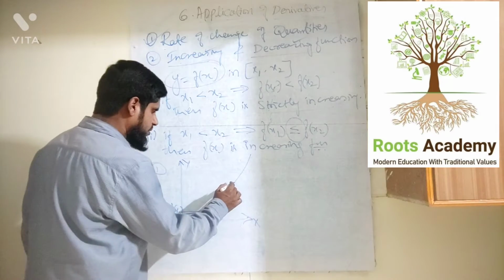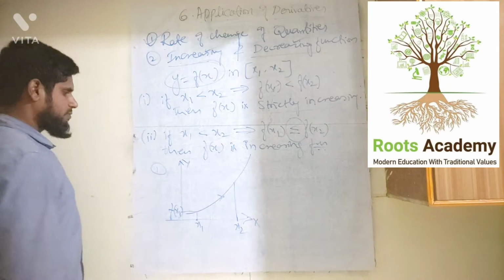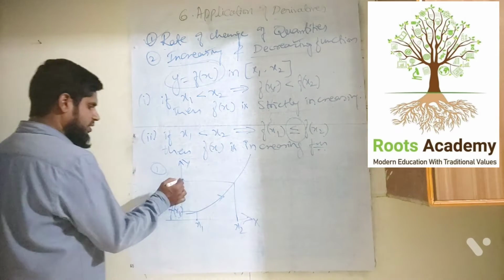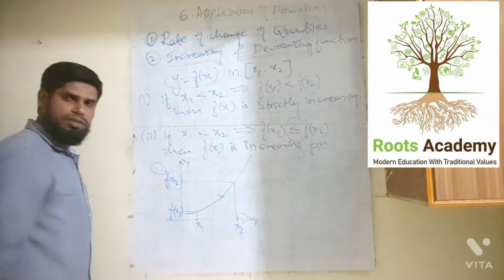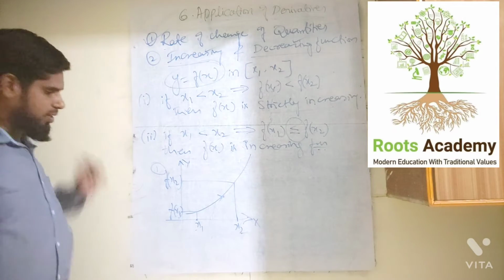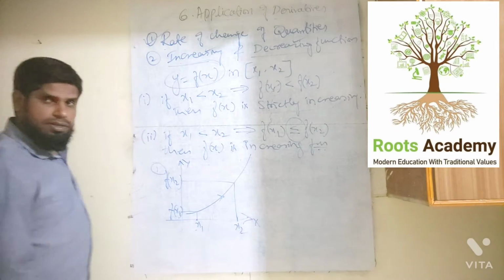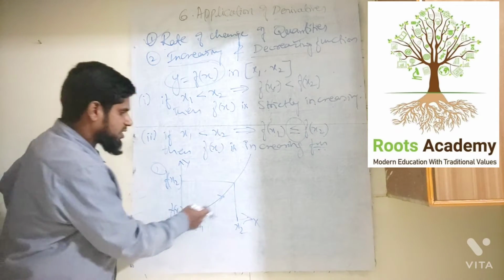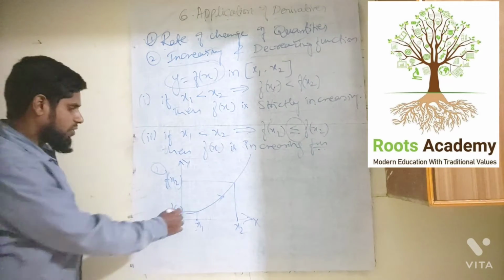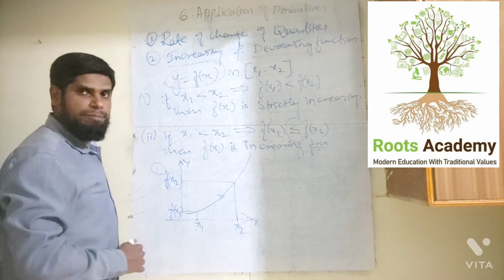And somewhere here, consider this is my x2, and then this is my f of x2. These are the two values of x, or you can consider them as intervals. The graph is continuously increasing, and it is a continuous graph. Without lifting my pen, I draw this graph.